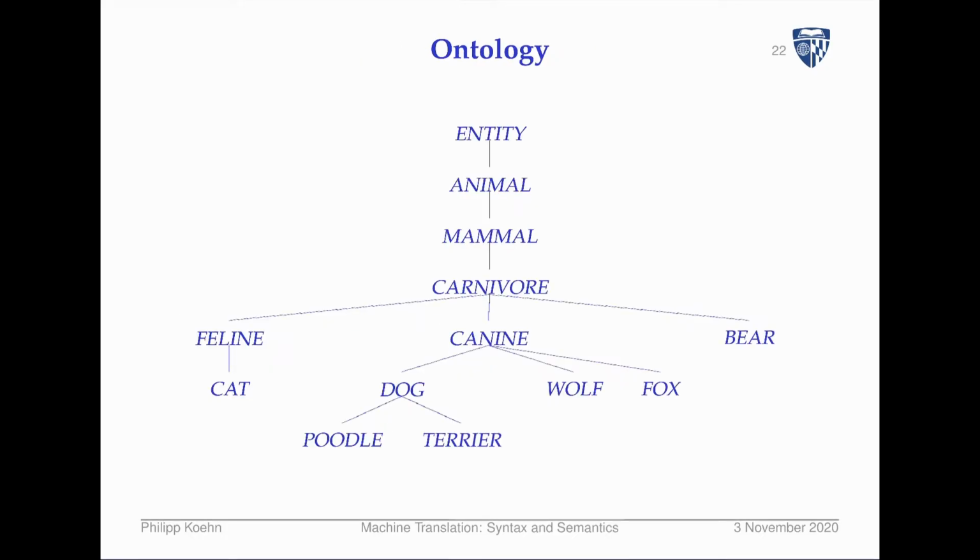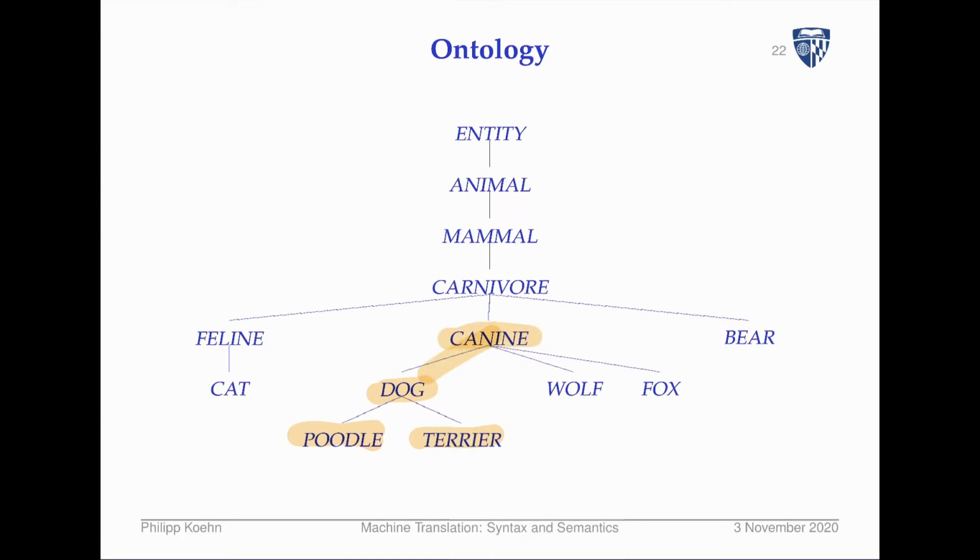Okay, another way to list the meaning of words is to group words that have similar meanings together into a structure. This is called an ontology, or at least it's one of the key elements of an ontology. So you have things like dog, which then has subcategories like poodle and terrier, and then you can go up the hierarchy.